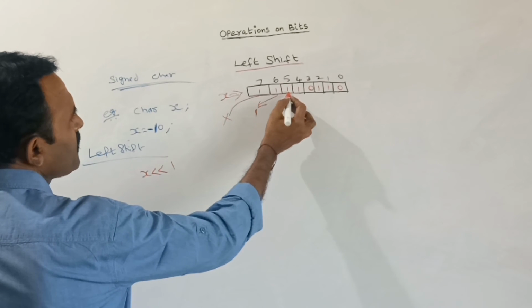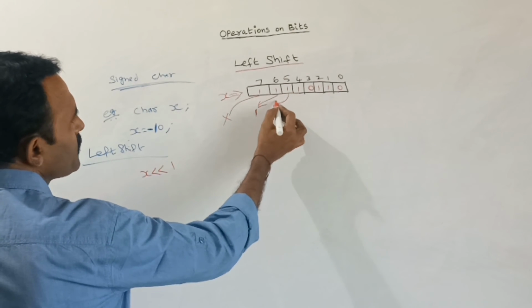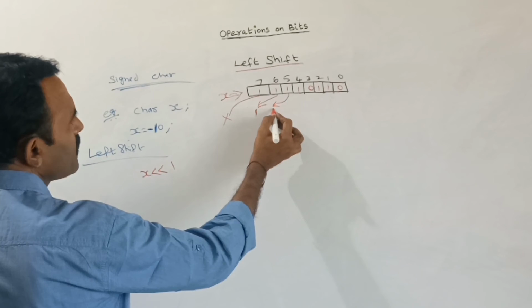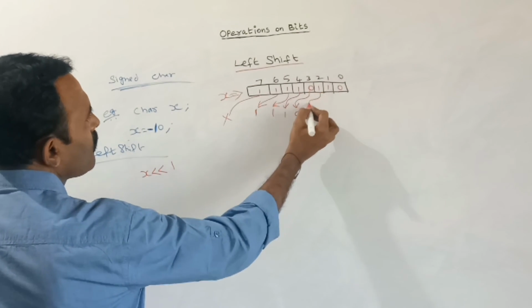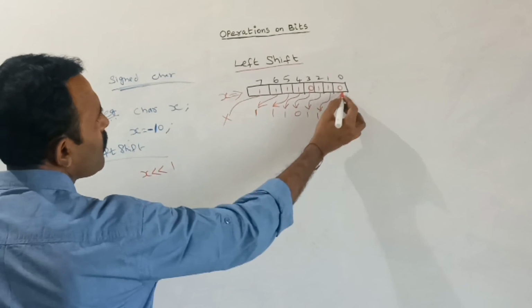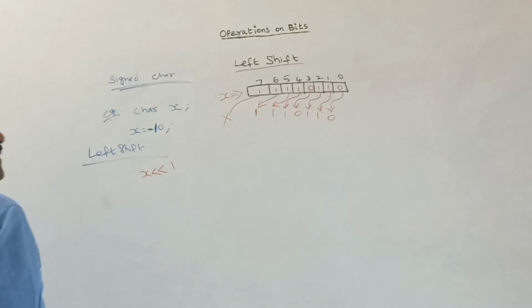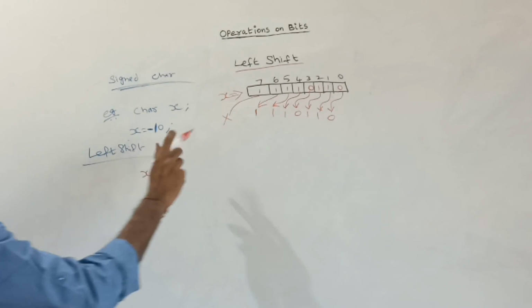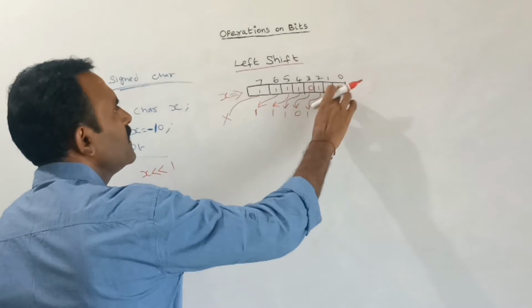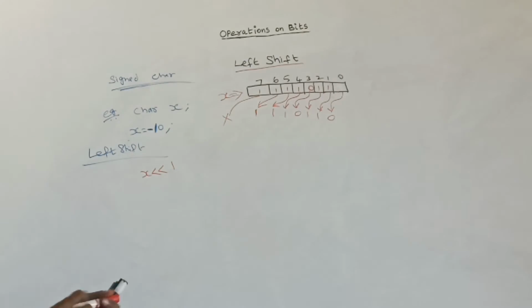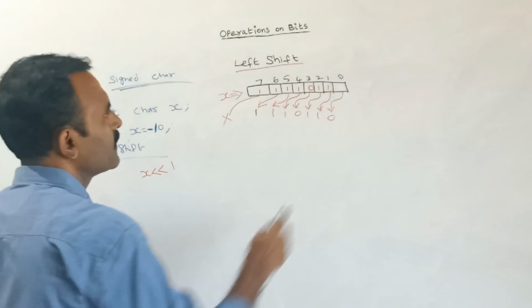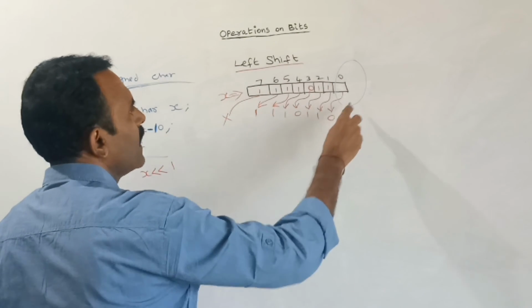Next, the fifth position value is shifted to the sixth position, so the sixth position value is now 1. In a similar way, here 0. We are doing the left shift operation, so at the right side a blank space will be created. This is the blank space.